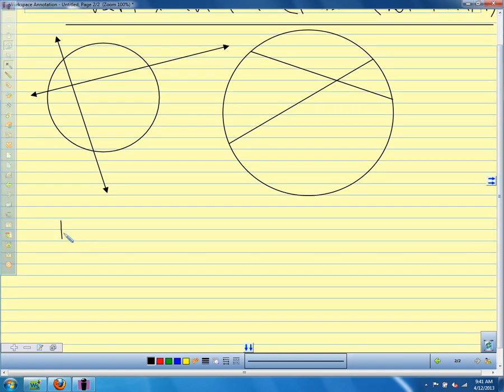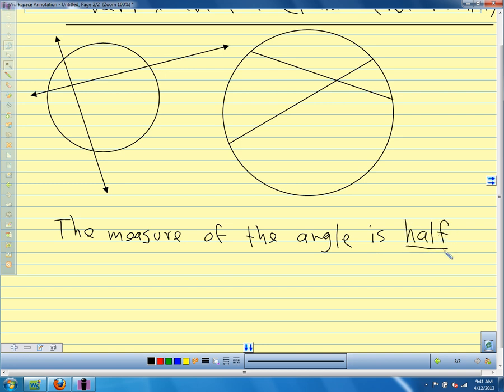So the measure of the angle is half the sum of the intercepted arcs.